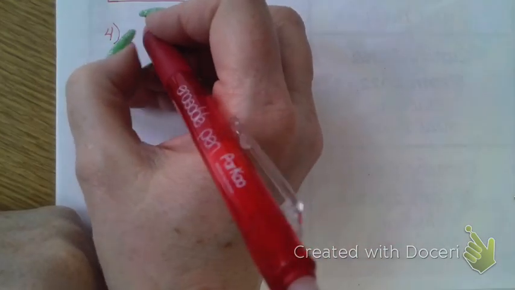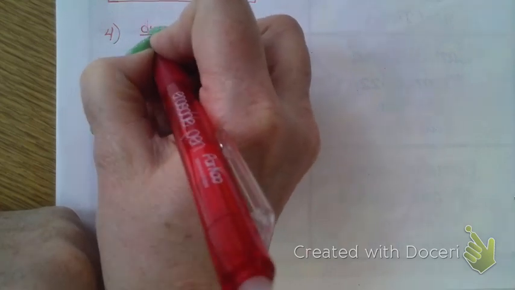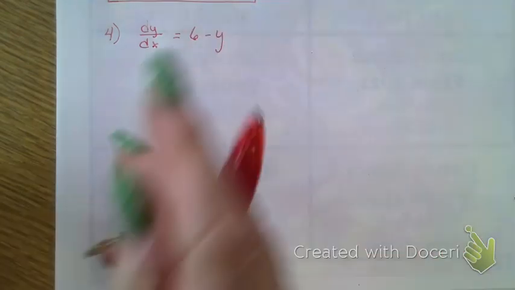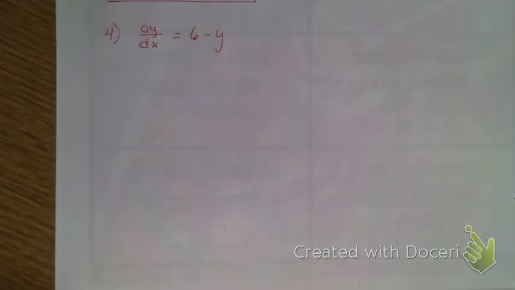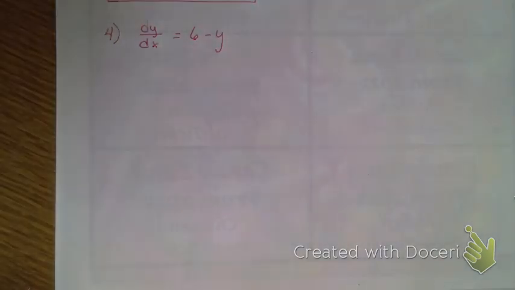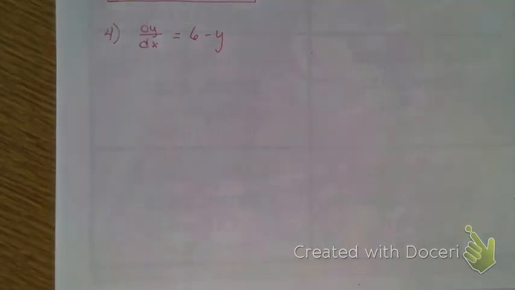Okay. So 4 is dy dx equals 6 minus y. Wait, what was the assignment?